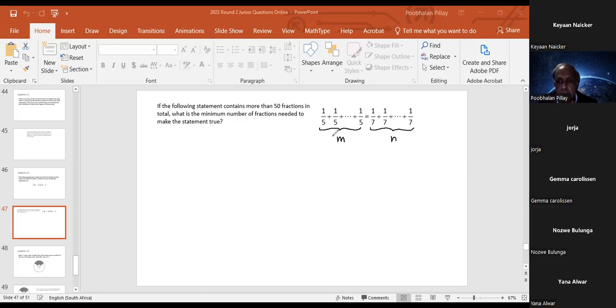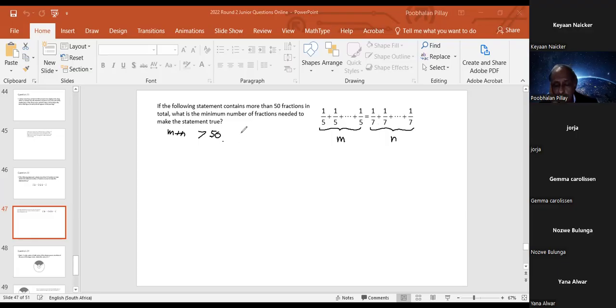Okay, so we don't know how many 1/5s there are, how many 1/7s. And we also know that the total number, M plus N, is greater than 50, right? Because it contains more than 50 fractions.